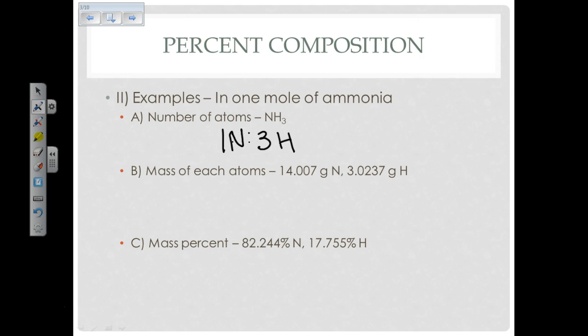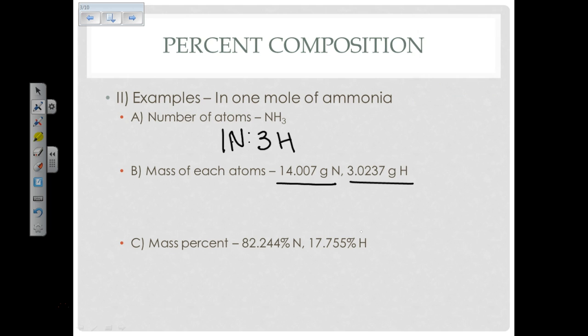Same thing as before: there's only 1 nitrogen, and that's the mass of nitrogen. The molar mass of hydrogen is 1.0794, and I multiplied it by 3 to get this. This gives us another ratio that you can use.